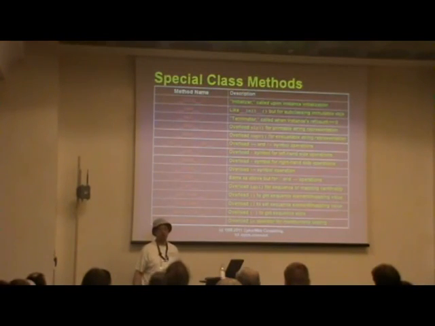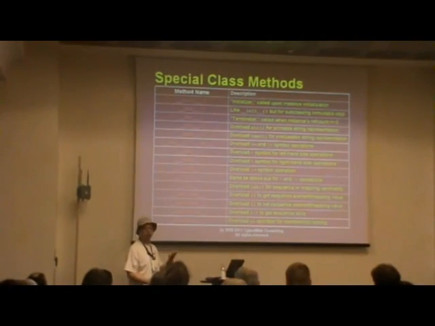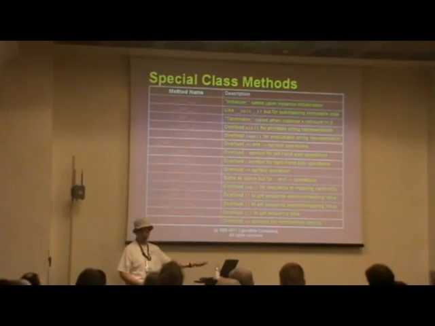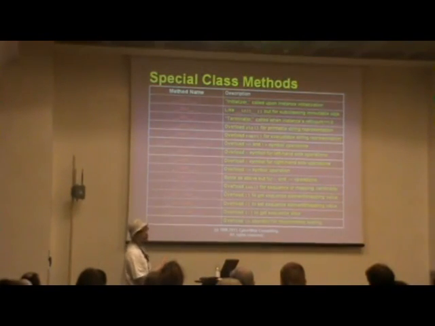But if it's not commutative, like strings, 'foo' plus 'bar' is different from 'bar' plus 'foo', then these two will have to be different. Furthermore, if you want instance plus equals something, then you would overload the __iadd__ method.